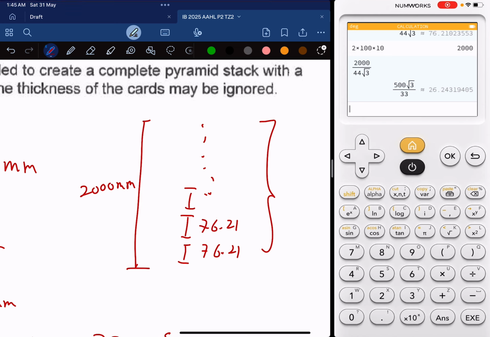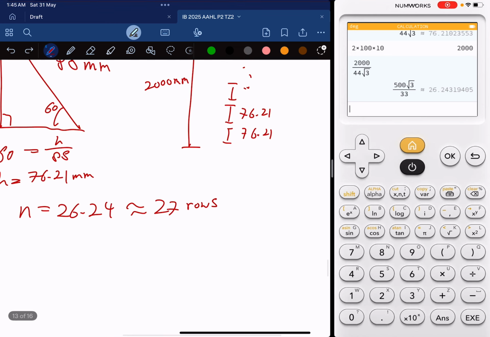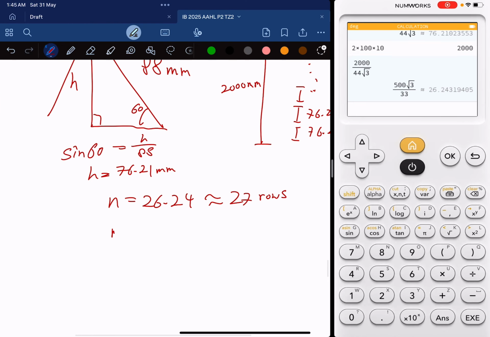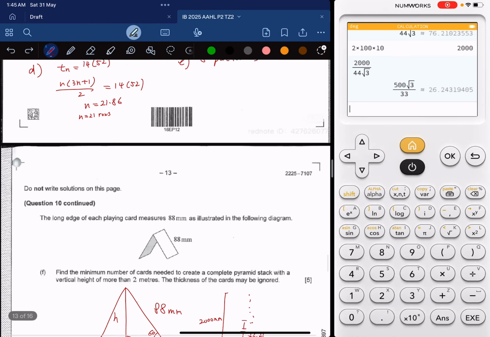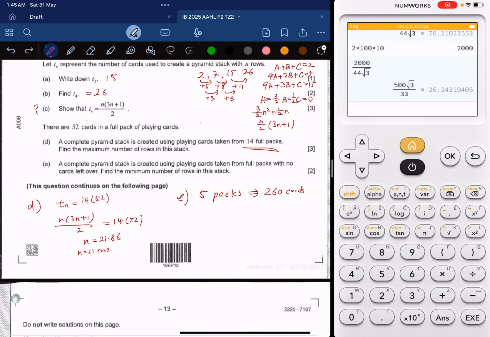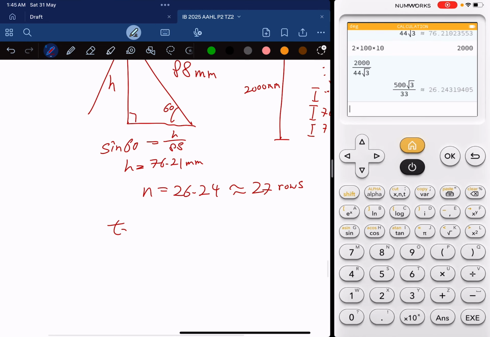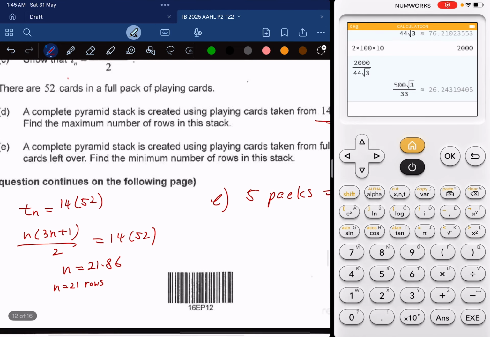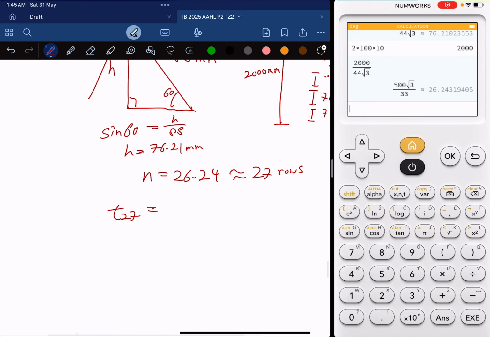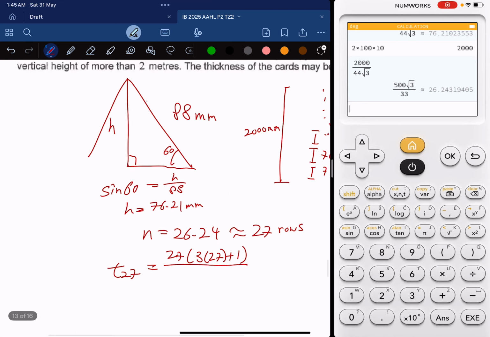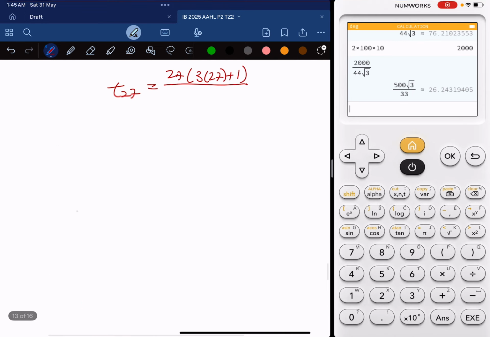If I want to get taller than this one, then I need 27 rows, right? So I need 27. So we put 27 into the value on the top. So put 27 in here. So T27. This is like 27. 3 times 27 plus 1, sorry, plus 1 over 2.